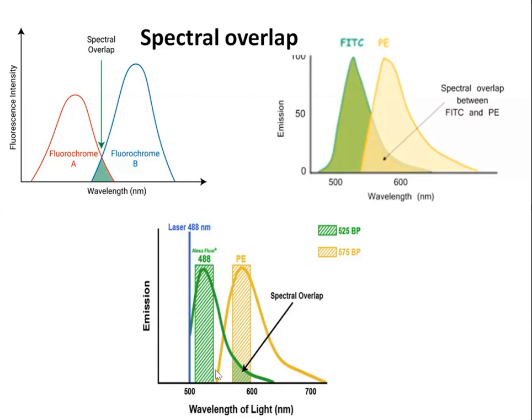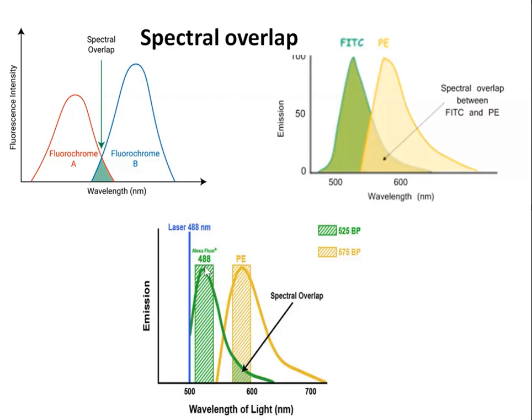Now, this spectral overlap will cause a problem here. If you see the emission spectrum of Alexa Fluor 488 or FITC, some part of this emission light is going through the band pass filter of the PE channel. Because of this, in the PE channel you will get a FITC signal, which should not happen, because the PE detector or PE channel should collect light only from the fluorescence of PE.